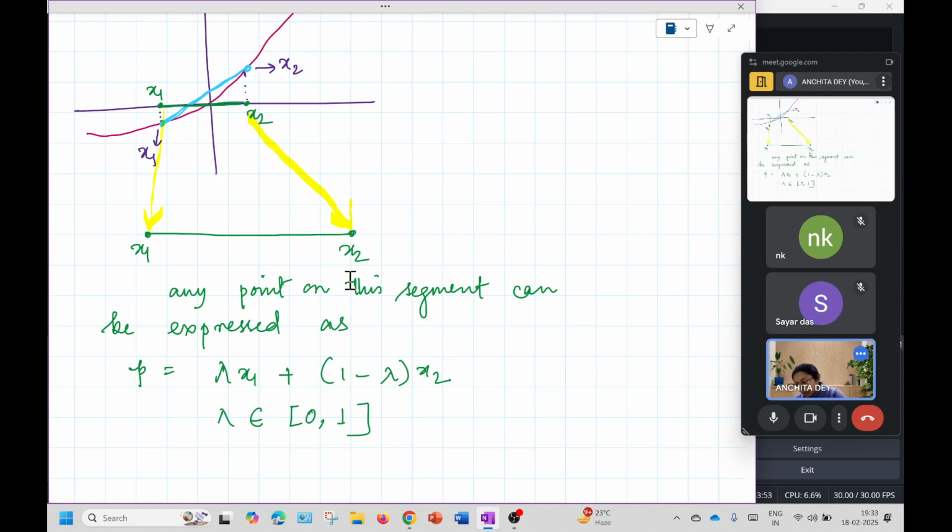And what about this blue line segment that you see? This point is your f of x2, and this point is your f of x1.